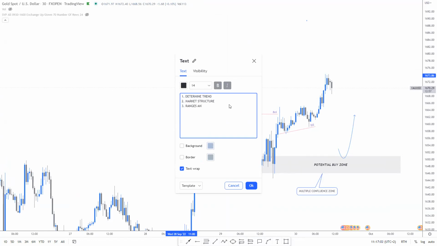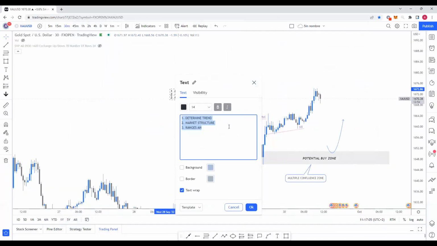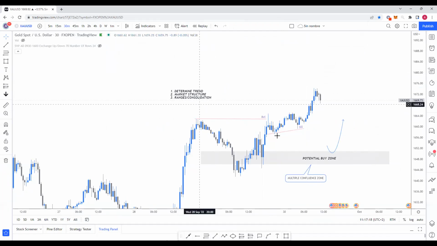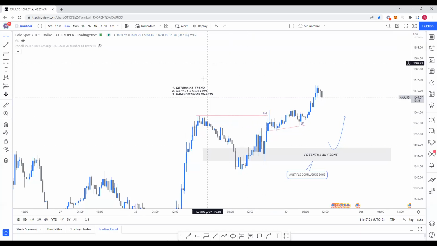Then what I'm going to look at is ranges and consolidation, which basically are synonyms. The next step is looking just for ranges, consolidation, where price is ranging, how it's breaking out.